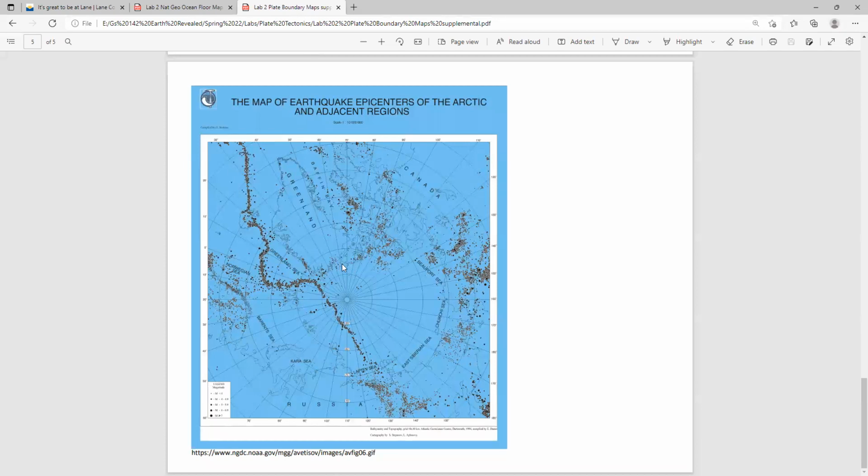Okay, so here's right west to the north of Greenland. Look, there's just a couple of earthquakes out there, hardly anything.